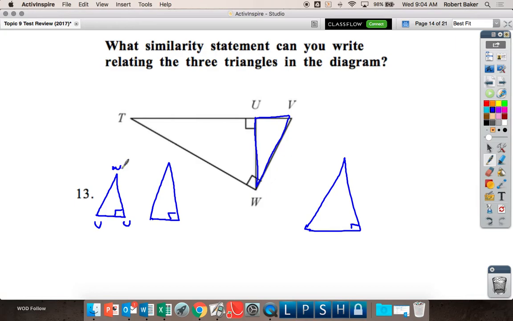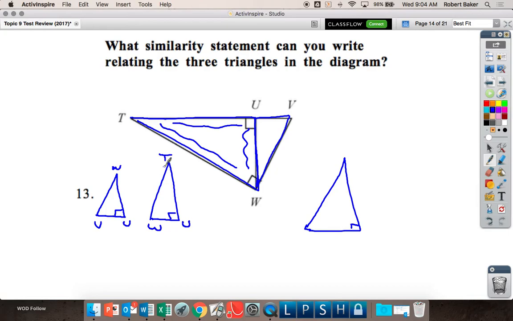So we have triangle UVW. Right? Not terrible. Then we have this triangle right here. So what goes right here on the right angle? U. What goes over here on the other side of the short leg? And what goes up here at the vertex?